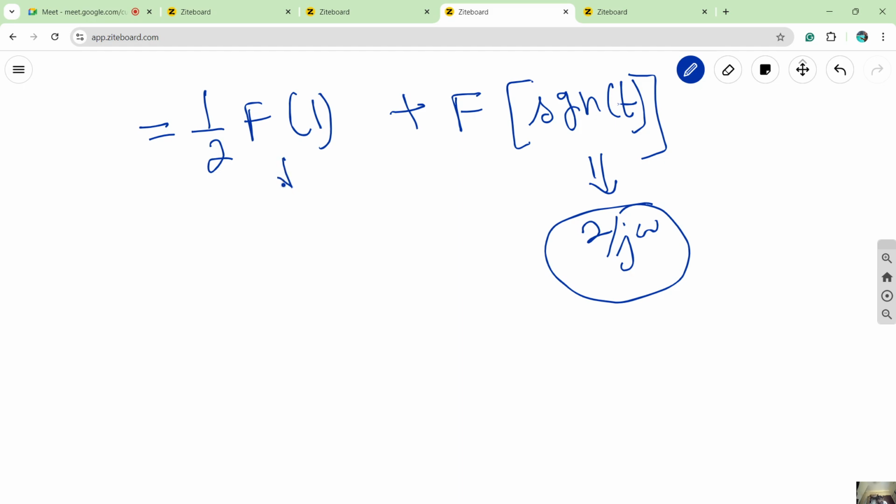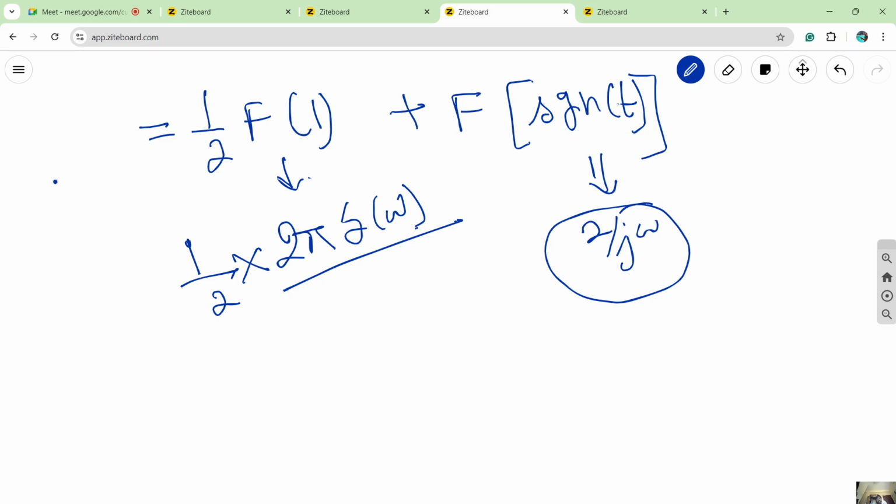And also this Fourier transform of 1 is actually half into, from the duality property, 2 pi del omega. Remember, we had calculated the Fourier transform of the del function in the beginning, and we got 1. And from the duality property, it gets multiplied by a 2 pi factor.